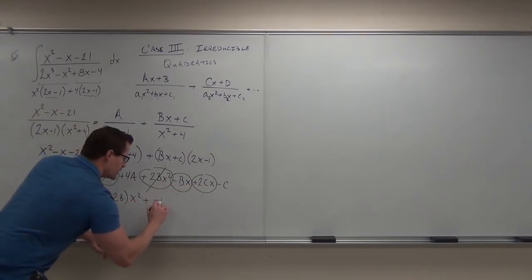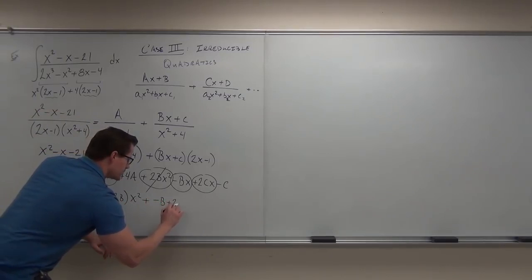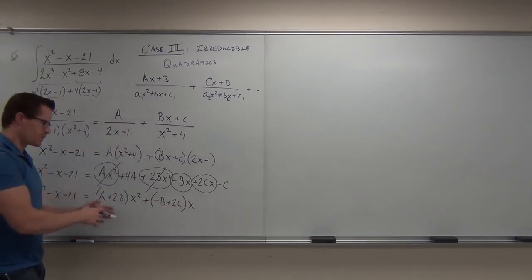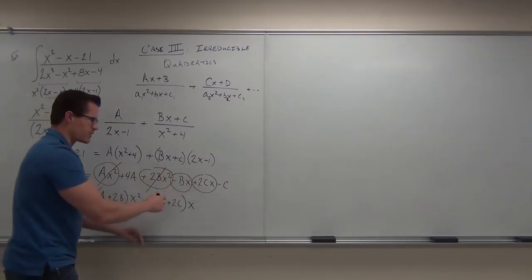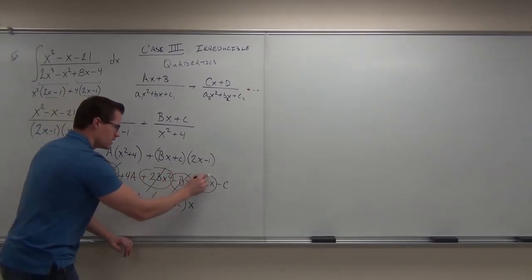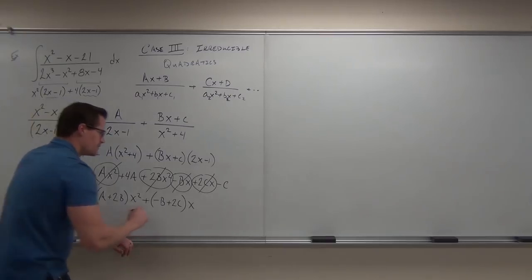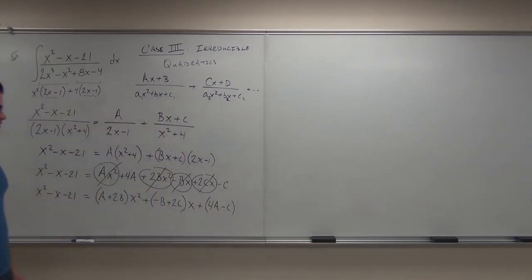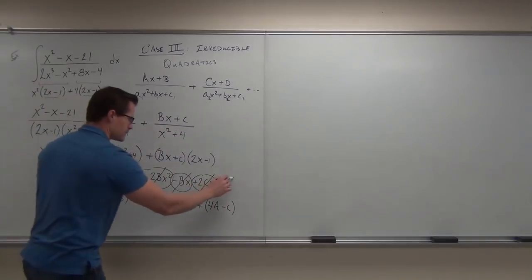When we factor, we'll have -b plus 2c, x. Are you guys seeing what I'm talking about there? We put our plus and then we collect our signs inside of our parentheses, -b and 2c. Lastly, we have plus 4a minus c. That's our constant. We got those ones.